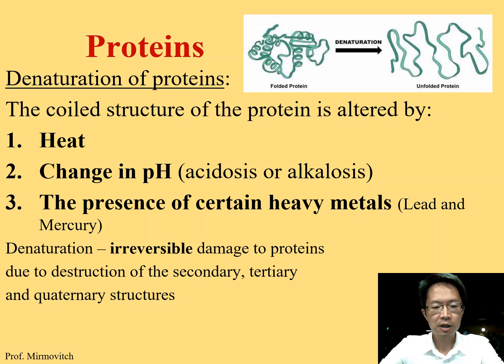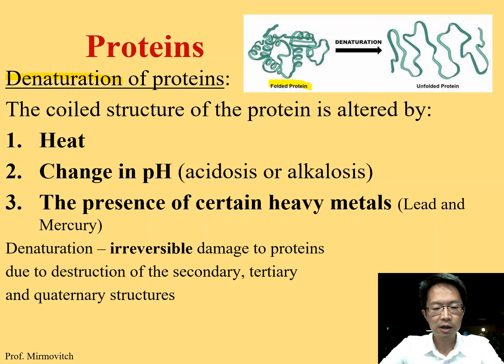Last slides, we will talk about something called denaturing of the protein. Denaturation means that the structure of the protein is being disrupted or destroyed. In this case, here is a folded protein. What level of organization is this folded protein?